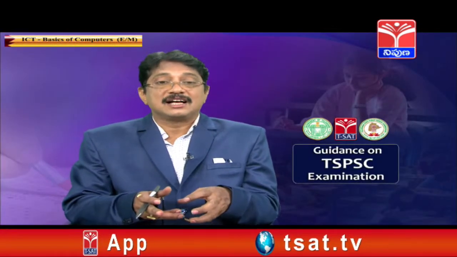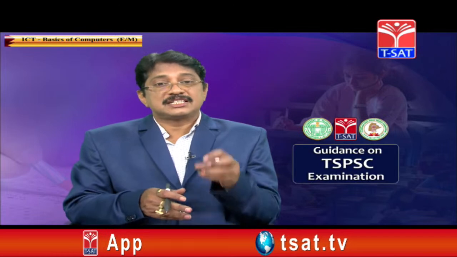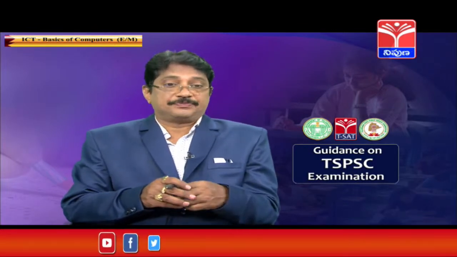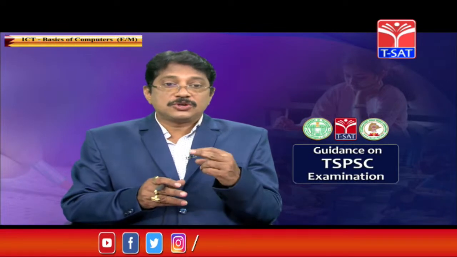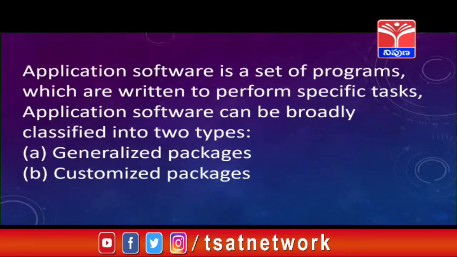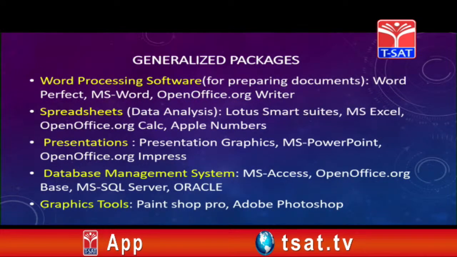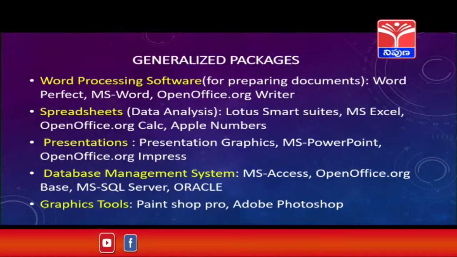But with application software the computer has to perform a specific task. That's very important. So application software are of two kinds. One is generalized packages, the second one is customized packages. Now we will see what comes under generalized packages and which comes as customized packages.